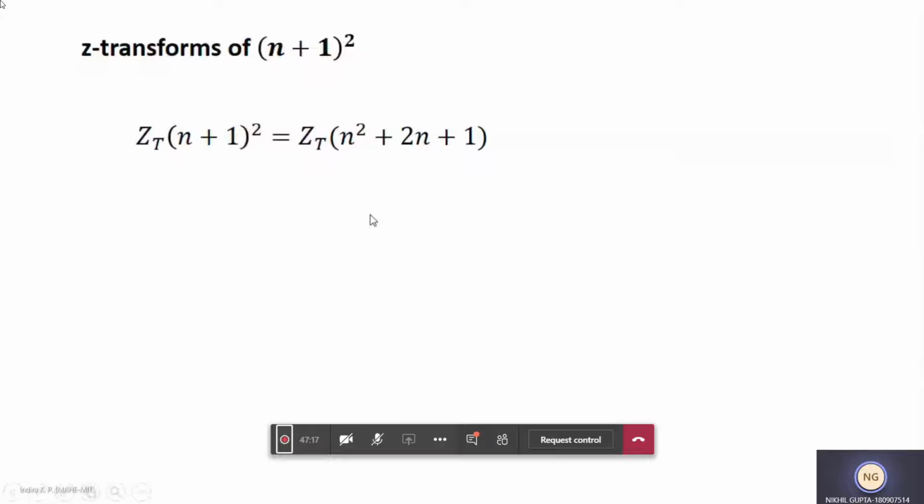Okay, let us try to find the transform of n plus 1 whole squared. So I will be using the linearity property here. n plus 1 whole squared is what? n squared plus 2n plus 1. So I can split it: z transform of n squared, z transform of 2n, z transform of 1.